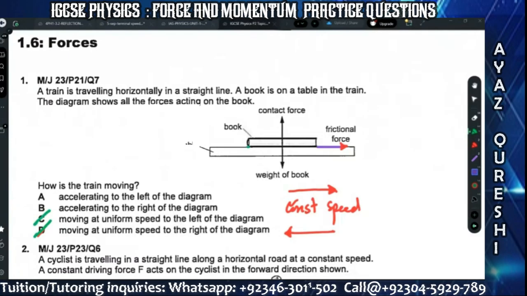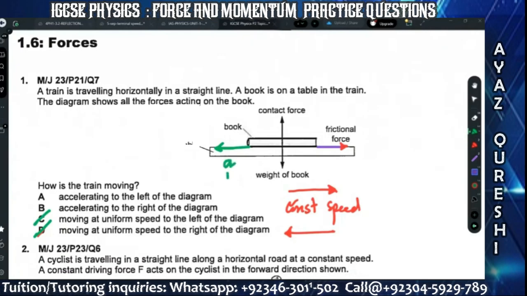So accelerating to the left of the diagram. If it is accelerating towards the left of the diagram, then force should be on that side, isn't it? But isn't the frictional force opposite to the net force, to the applied force, or to the force which is basically acting between the surface of the train and the book? Listen, it's very simple to understand.